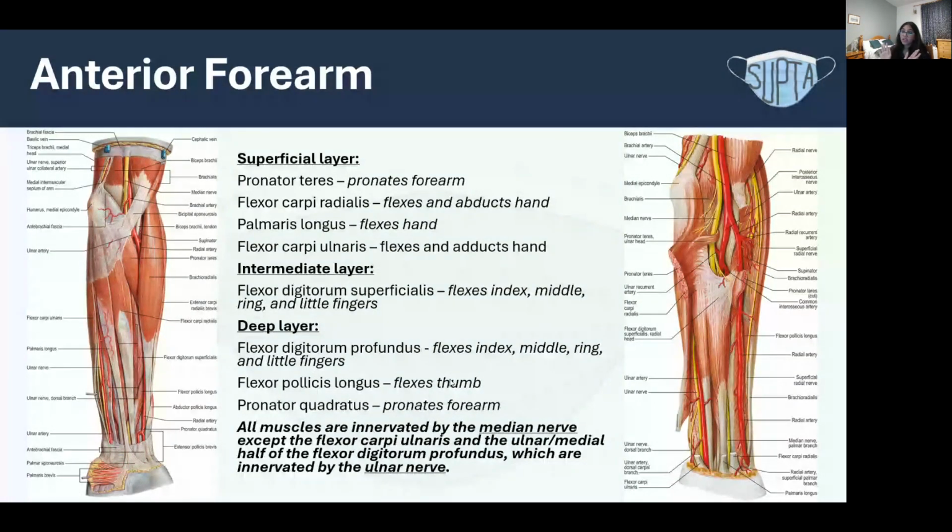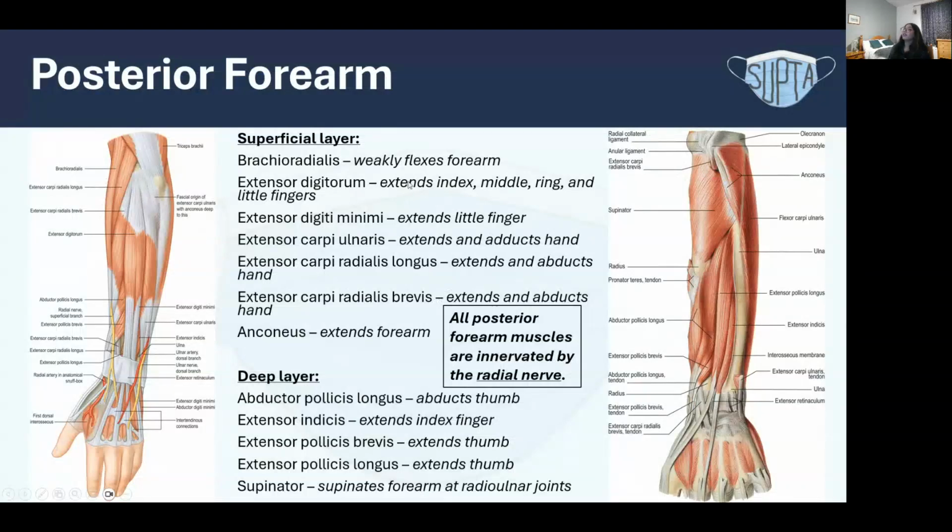But in anatomy, there's always a catch. There's the flexor carpi ulnaris and the medial head of flexor digitorum profundus. These are innervated by the ulnar nerve. And a lot of the times they like to pick out these exceptions. So if you're studying for exams, learn the exceptions too.